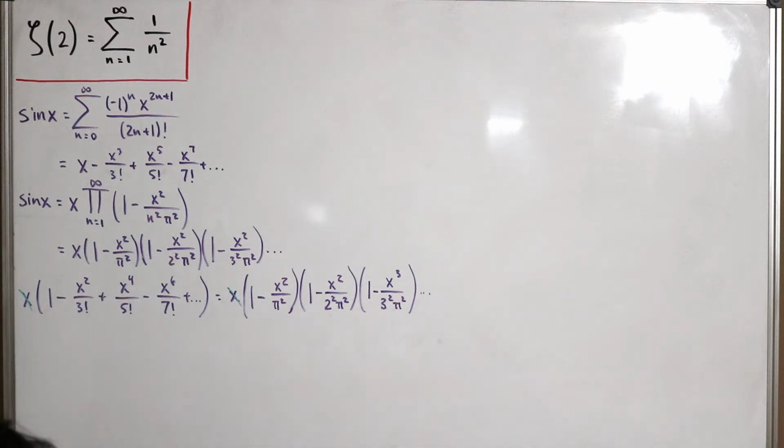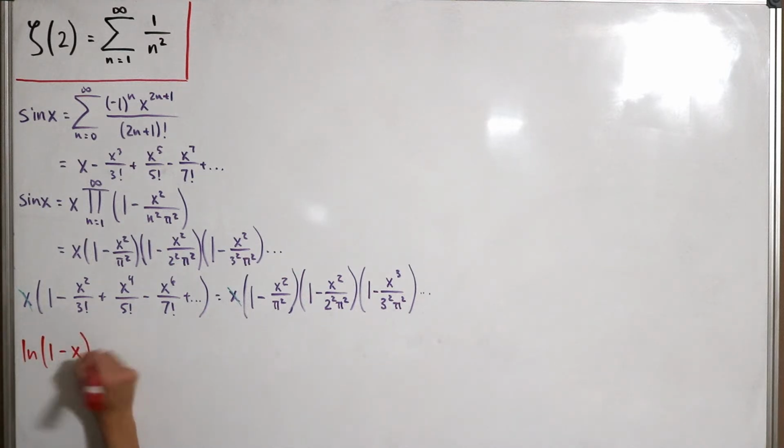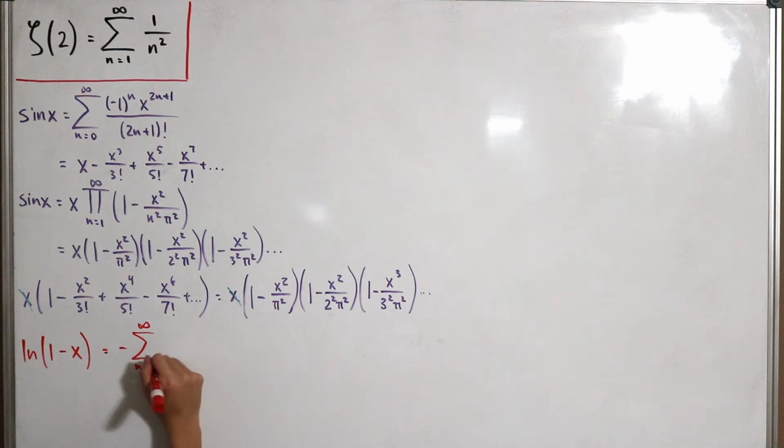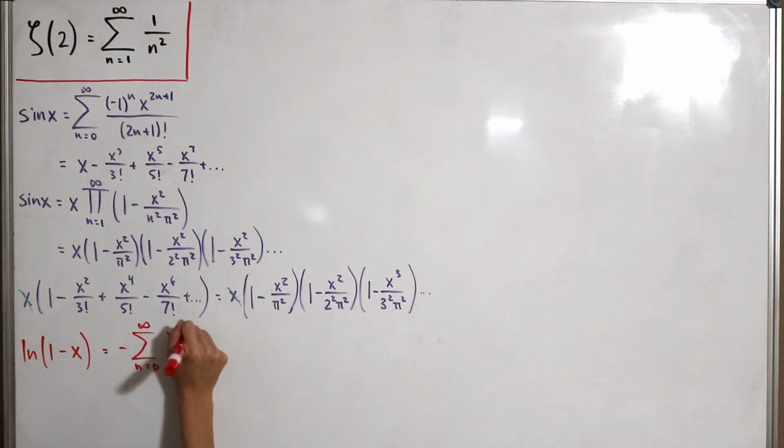fact is that the following function, the natural log of 1 subtract x, if we describe this in terms of an infinite sum, we have the infinite sum of, so this is 0, and then x to the power n plus 1, divided by n plus 1.